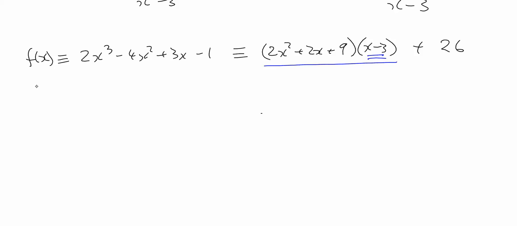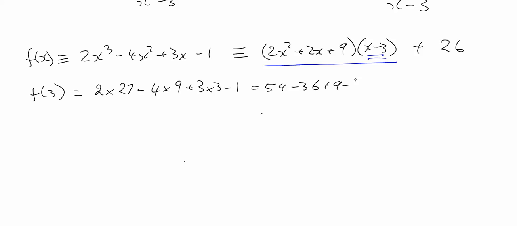So we would find f of 3, because on the left hand side that would equal 2 times 3 cubed, 2 times 27, minus 4 times 3 squared, 4 times 9, plus 3 times 3 minus 1. 54 minus 36 plus 9 minus 1: 54 minus 36 is 18, plus 9 is 27, minus 1 equals 26, which is the remainder, and of course equals the right hand side when x is 3, which is 26, because the first term is 0.